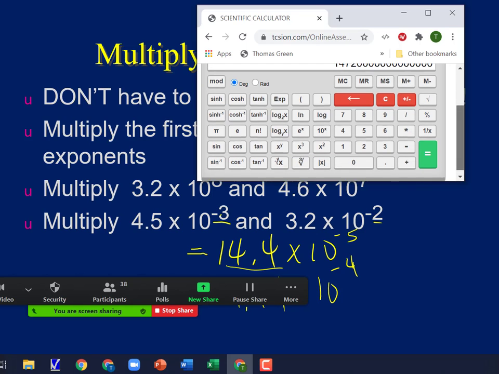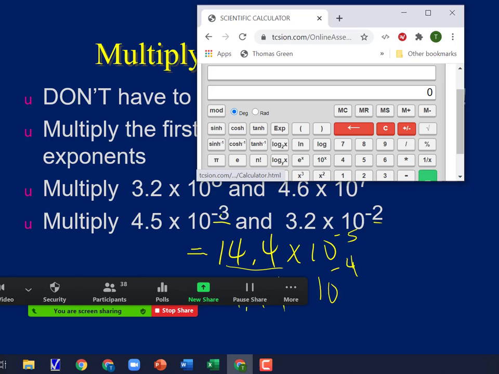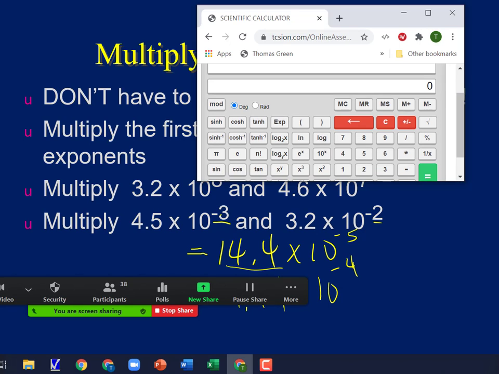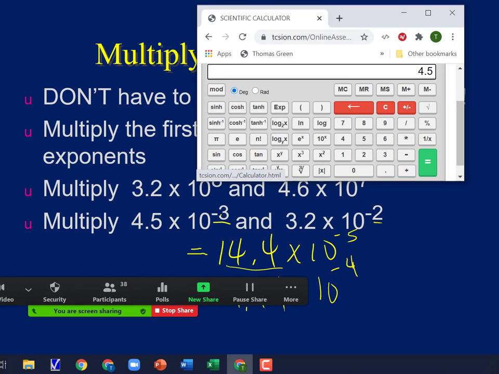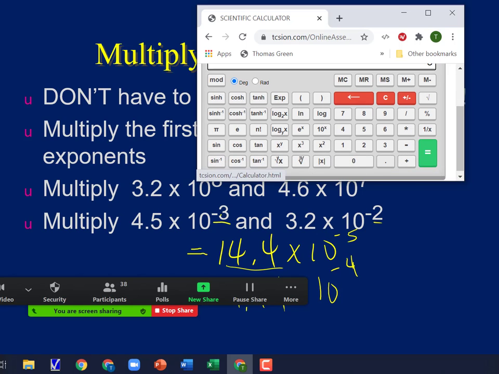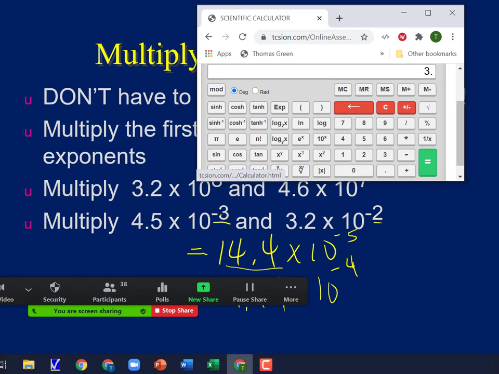See if your calculator did it the same way. 4.5 exp 3 negative times 3.2, take my 2, exp 2 negative equals.